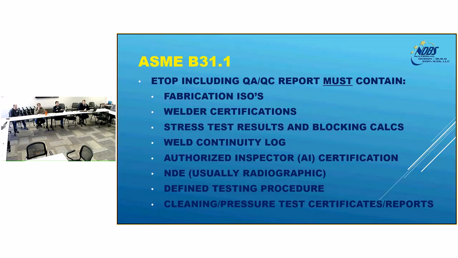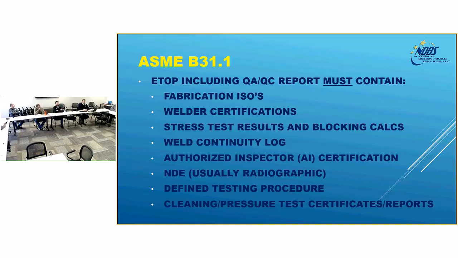Your engineering turnover package must contain the following items for any B31.1 system. Your weld continuity log pretty much says it all. You have to have your stress counts. Every weld has to be visually inspected by an AI, a certified AI. And the AI also inspects the NDE films.